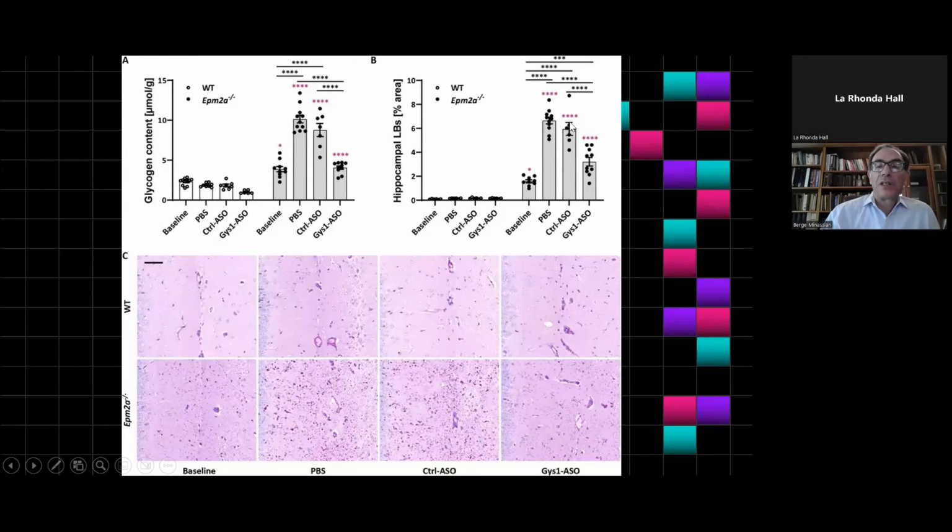The Lafora bodies improve dramatically, as you see in the top right graph. In the color pictures, the bottom right corner shows the animals treated with the antisense oligo against glycogen synthase, and the Lafora bodies cannot form when your glycogen synthase is slowed down.